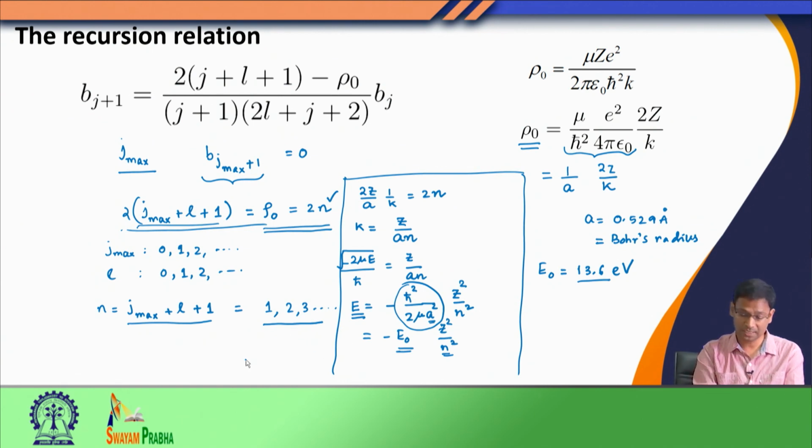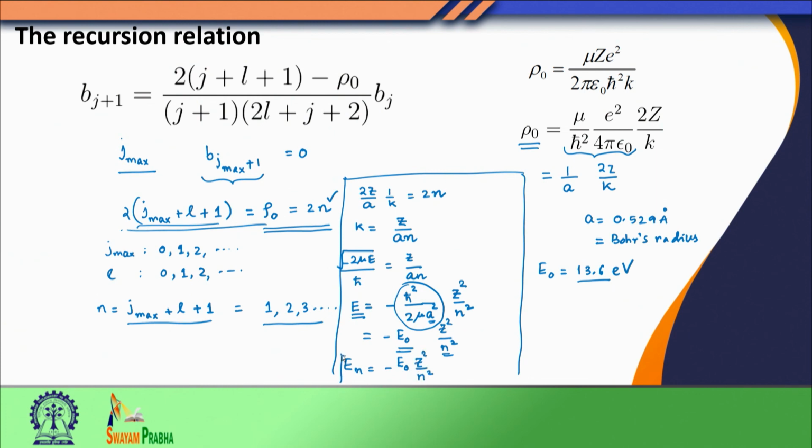So, now we see that this energy E, for a particular system where the nuclear charge is defined, is simply this. So this is my energy value. Now, for the hydrogen atom where Z is equal to 1, if you put Z equals 1, then you would see the lowest value.